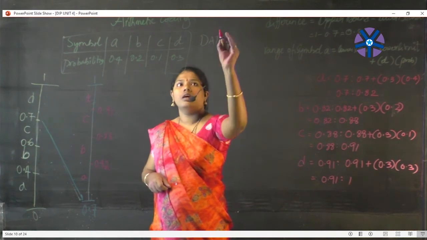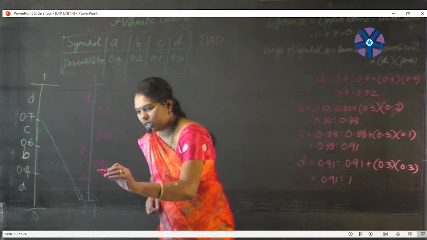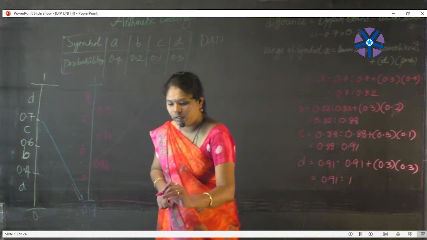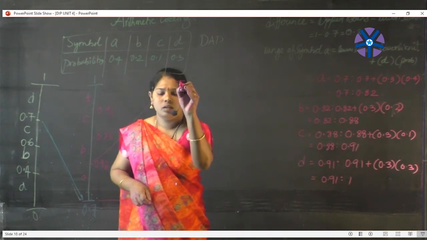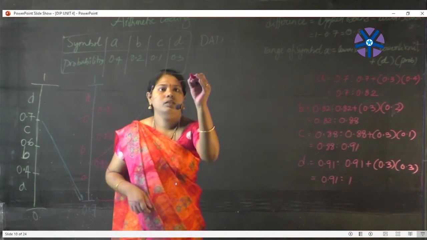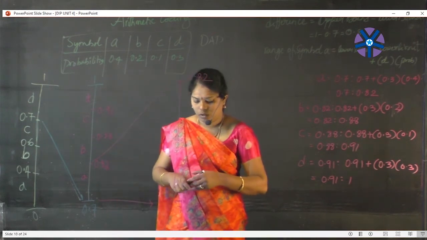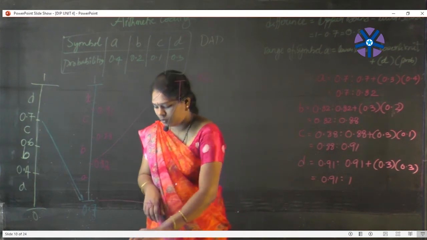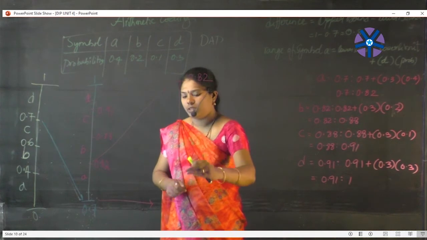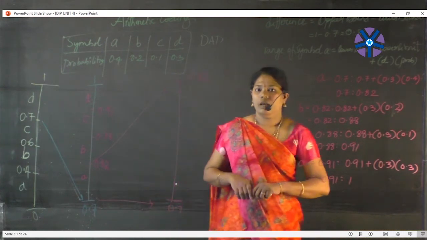The next symbol is A. What is the range of A? It is 0.7 to 0.82. Now again we have to distribute this range for all the symbols A, B, C, D, with the same formula.